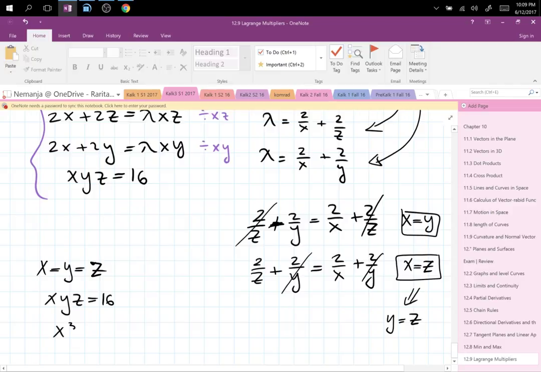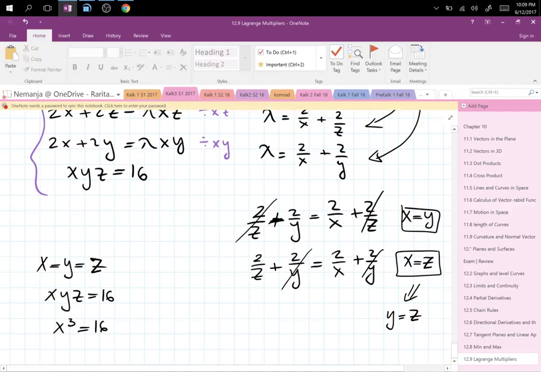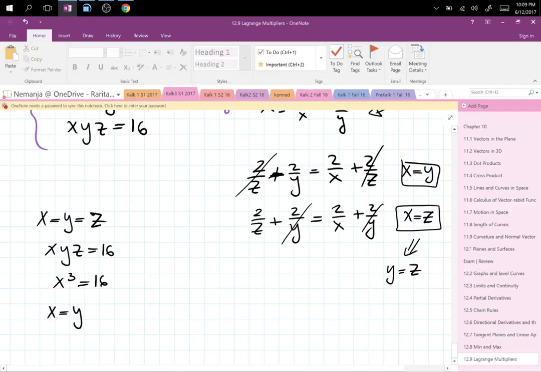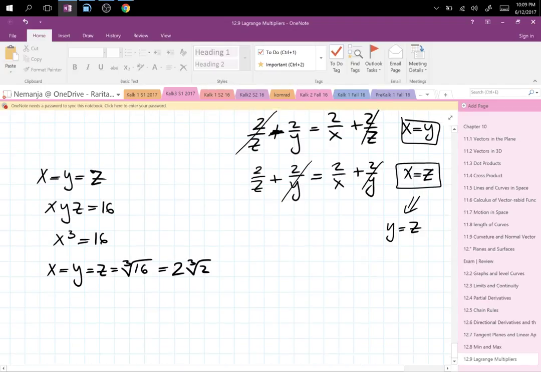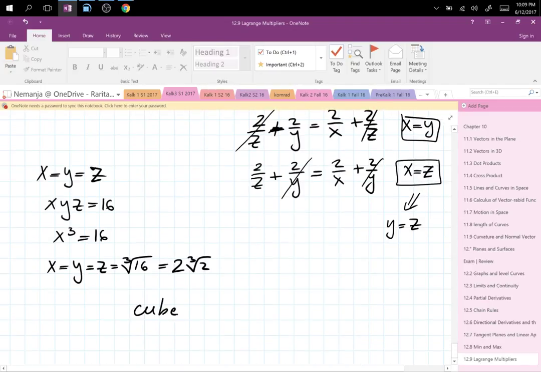So you can go with x cubed equals 16. x equals y equals z equals cube root of 16, which is 2 cube root of 2. So the dimensions are, it's a cube. And there you go.